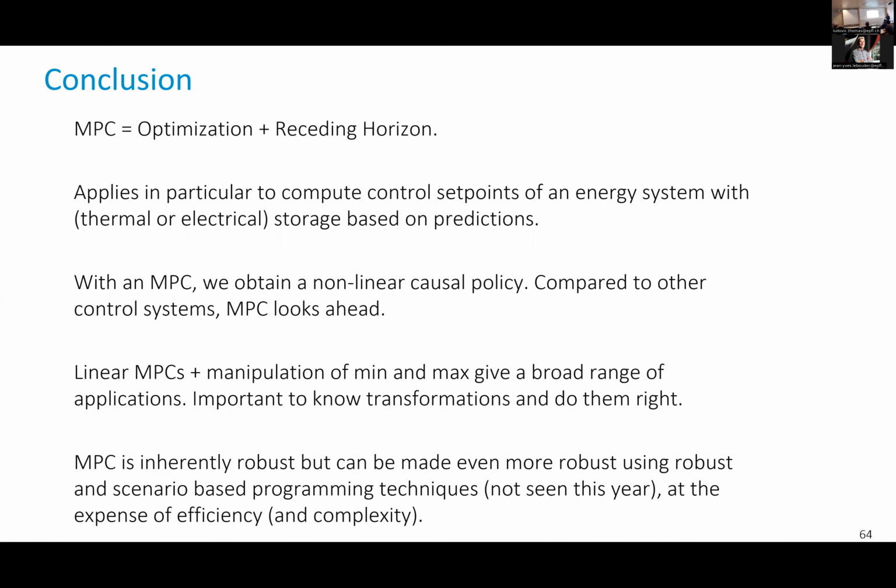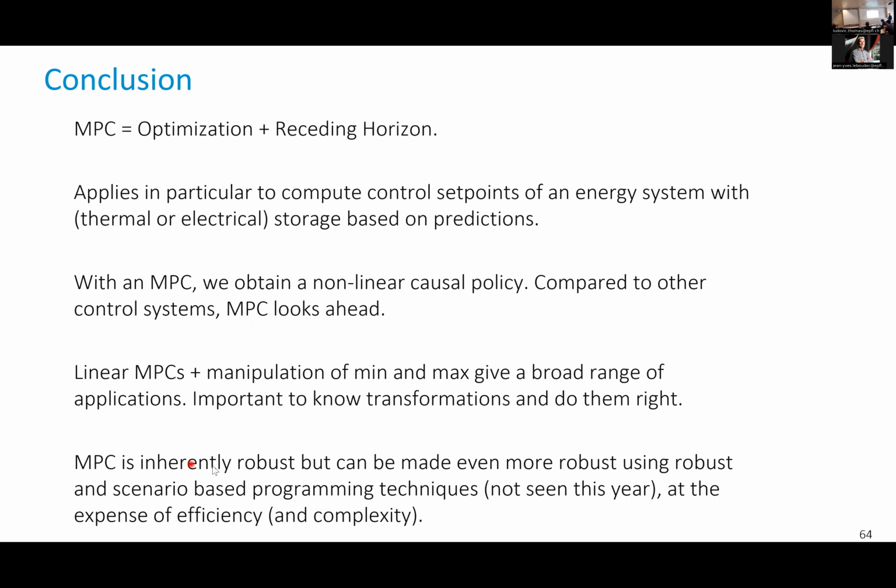So in conclusion, MPC is very simple, intellectually at least. Now it will lead to optimization problems that may be big, so that may require some tricks to make them work. In practice, we often try to make them linear. With an MPC, we obtain nonlinear causal policies, and because it looks ahead, that's what makes it very successful.